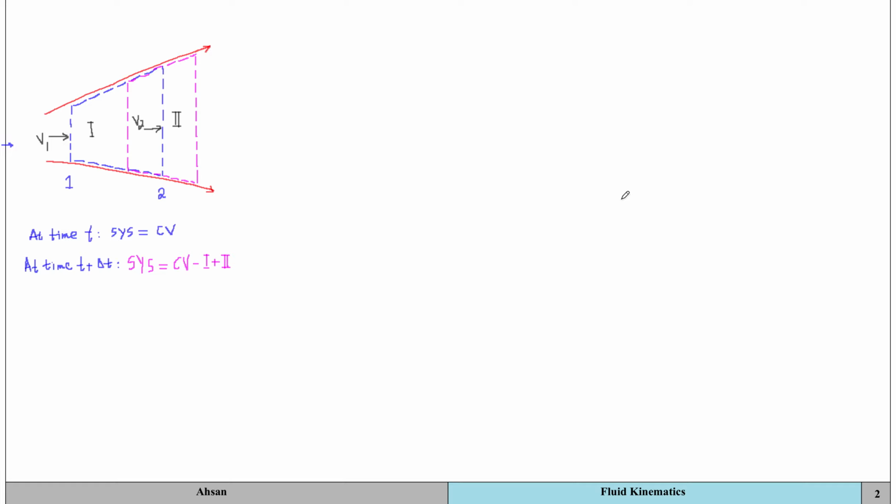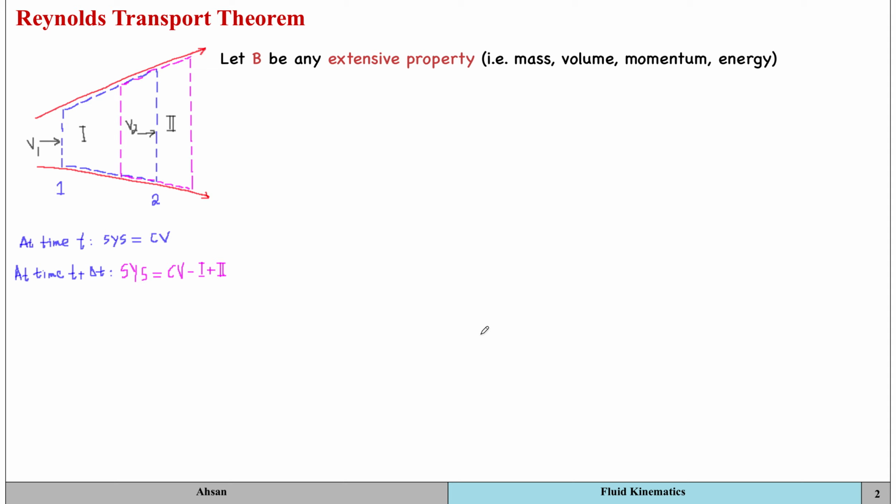So we're going to define an arbitrary quantity, let's call it capital B. With capital B being any extensive property, the intensive property corresponding to that would be indicated by small b, and that's obviously divided by mass, because extensive properties depend on mass, intensive properties don't.